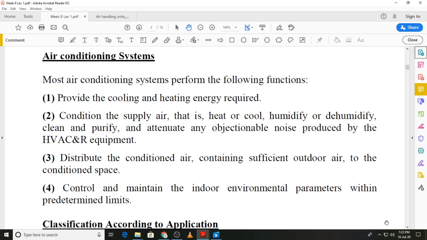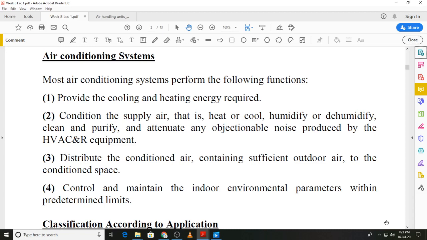So when we look at an air conditioning system, it performs certain functions. The primary function, of course, is to provide the necessary energy for cooling or heating of the conditioned space, but other than that we also need to ensure that the air is properly humidified or dehumidified. It has to be cleaned and purified.